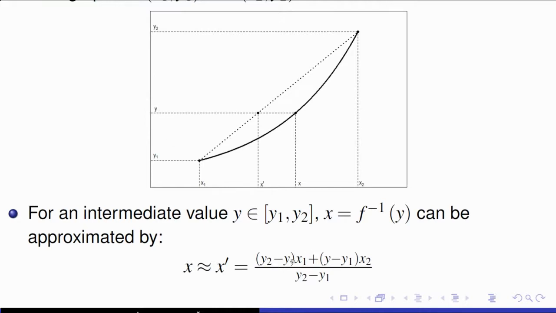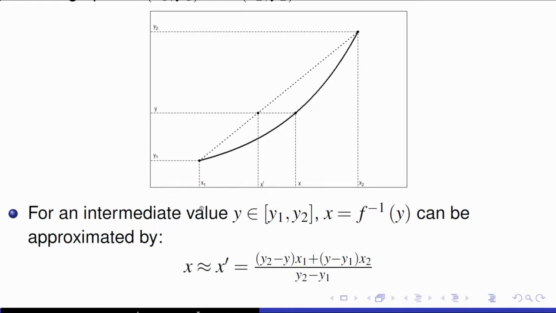This time we are going to multiply x1 with y2 minus y, the opposite distance, and x2 will be multiplied with y minus y1, and the summation of these values will be divided by the total distance between y2 and y1.